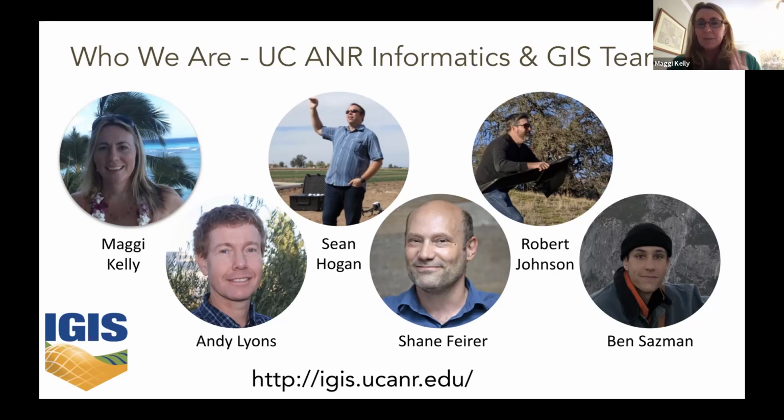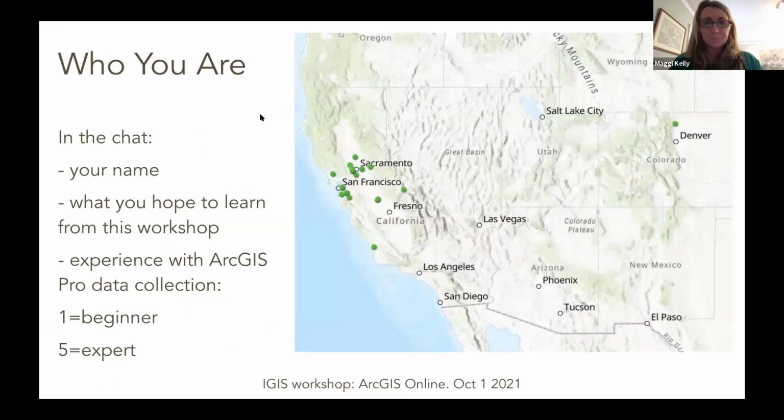But we're also ably assisted by Robert Johnson, Andy Lyons, Shane Fire, and Ben Satzman. They're behind the scenes. If you need any technical help, put it in the chat, reach out. We're here to make sure that this workshop is useful for you.